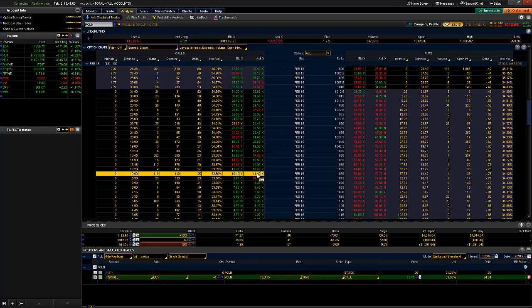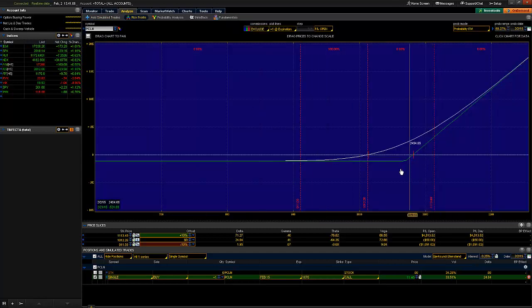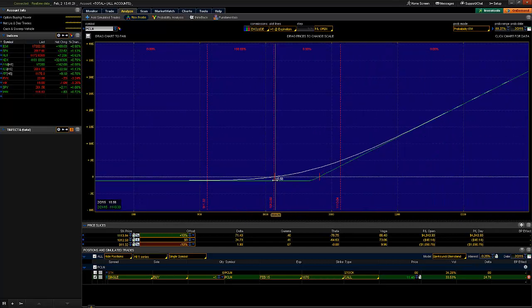All right, well, now I'm going to spend $1,000. I'm going to get a much different profile look. Yes, it's still going to gain if we go up, but you see this rounding, sloping pattern? That is because there is no intrinsic value. It is all extrinsic value. Therefore, it is all subject to changes in volatility.